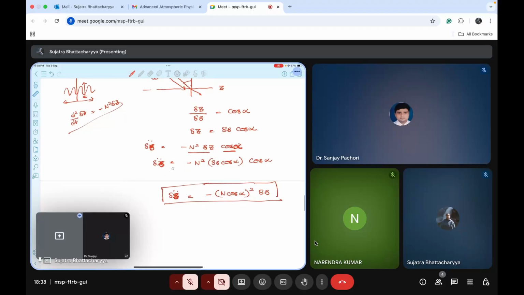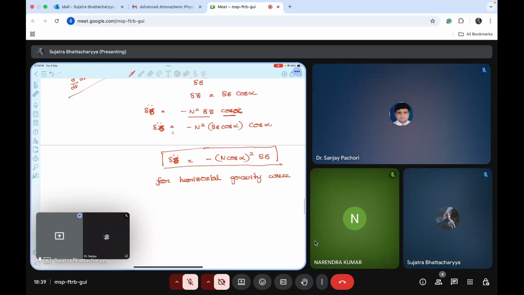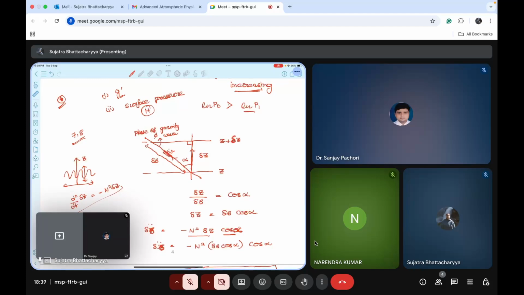So for a horizontal gravity wave, the buoyancy oscillation should be absolutely vertical, in the Z direction, not in S. For a horizontal gravity wave which is propagating in some horizontal direction, its oscillation should be completely in the Z direction because it is a transverse wave.